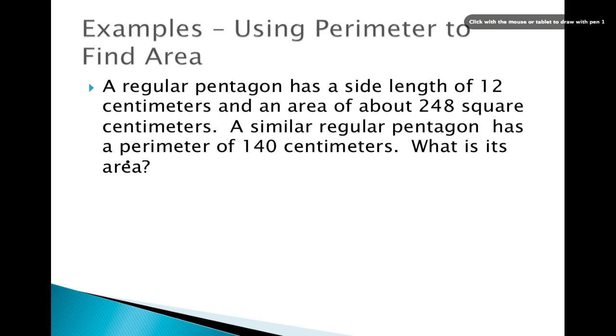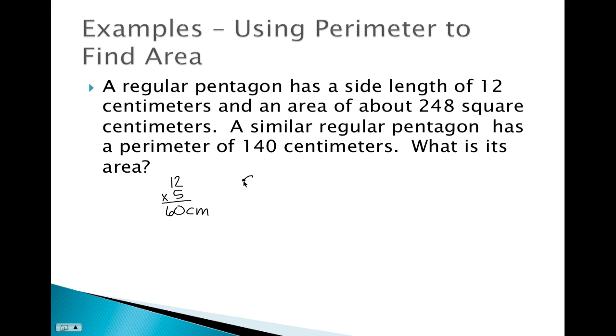If it's a regular pentagon, we know every single side is congruent to each other, and a pentagon has 5 sides. So the perimeter of that regular pentagon is 12 times 5, which equals 60 centimeters. So pentagon 1 has a perimeter of 60 centimeters, and we know the similar pentagon has a perimeter of 140.